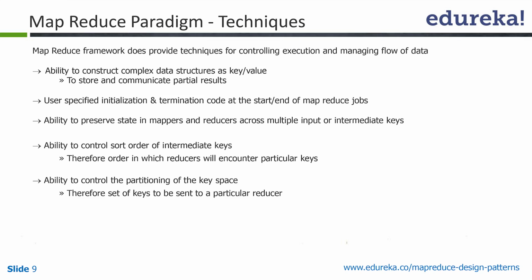This is done through the sorting part that I talked about earlier, by using some of your own comparators implemented. Ability to control the partitioning of the key space, you know this pretty well. So this is the hashing which is done by the partitioner by default, or you can go ahead and change that behavior.